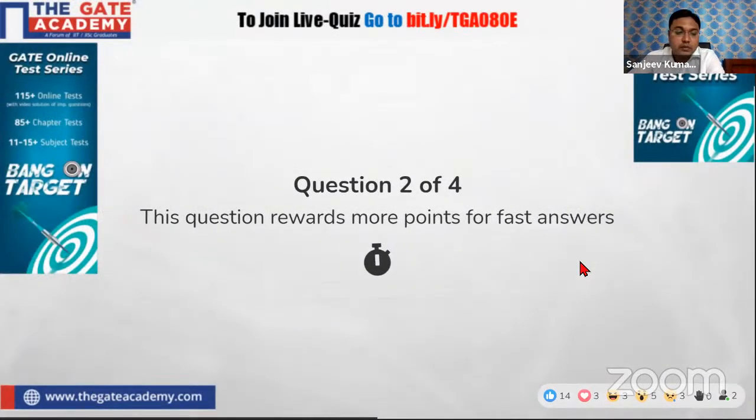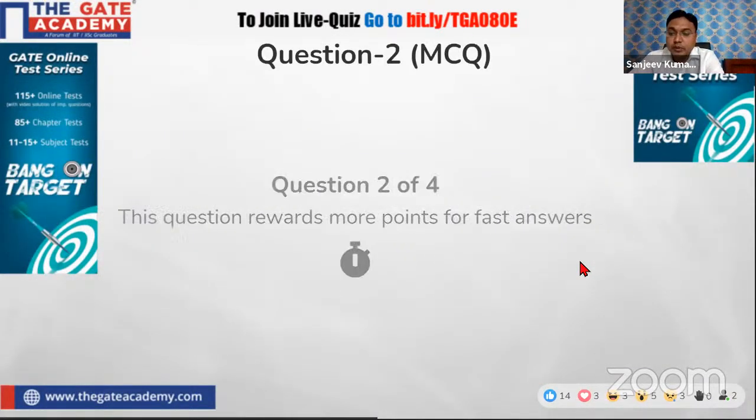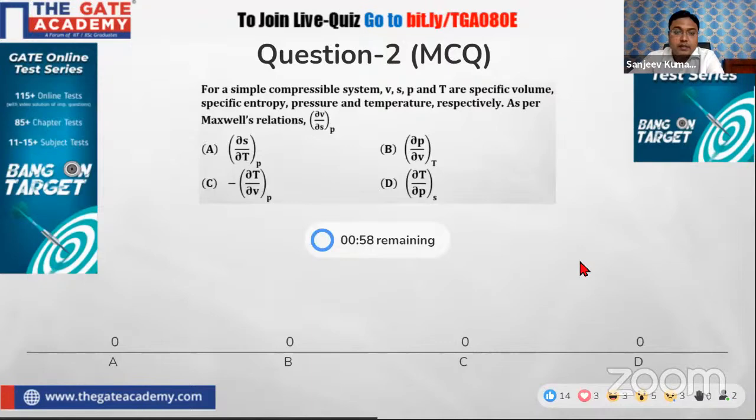Question 2 of 4. This question rewards more points. This is a direct question from the Maxwell equations, one of the most important topics in the subject of thermodynamics for the GATE examination. Maxwell and TdS are two important equations, and this is one question out of the Maxwell equations.